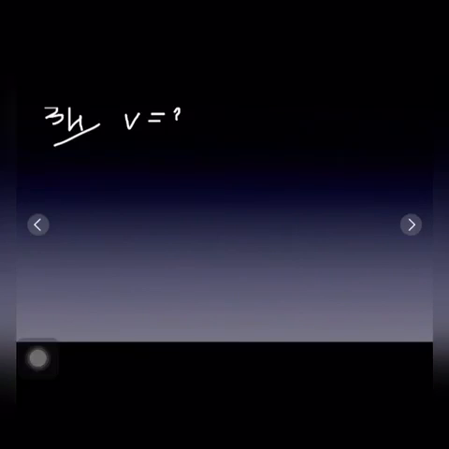So when an object is thrown up, here you have to calculate U. So when an object is thrown in the upward direction, we consider V as 0.